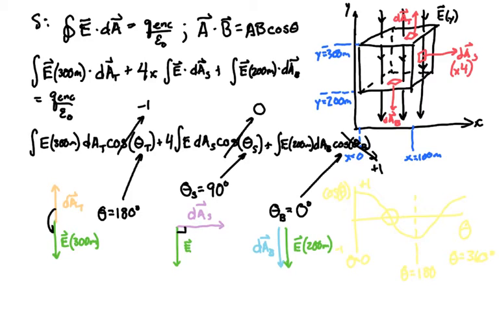All right. Notice that we were able to simplify the problem just by analyzing the direction of our electric field compared to our differential area vectors. So all 4 sides that are not the top or the bottom have 0 electric flux, meaning there is no electric field pointing through that square.